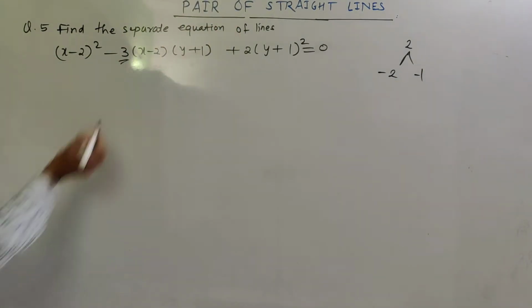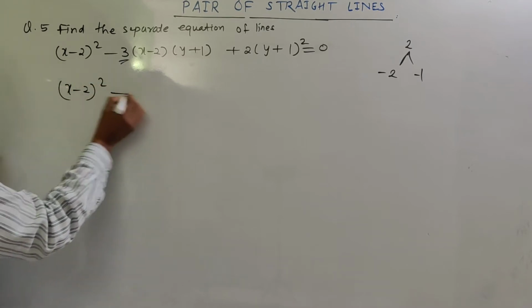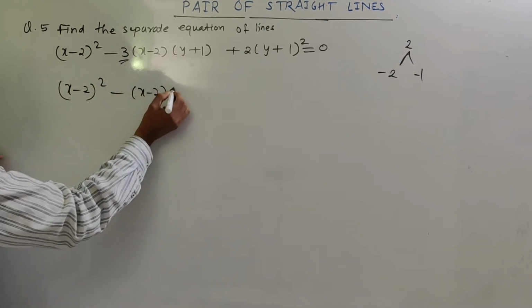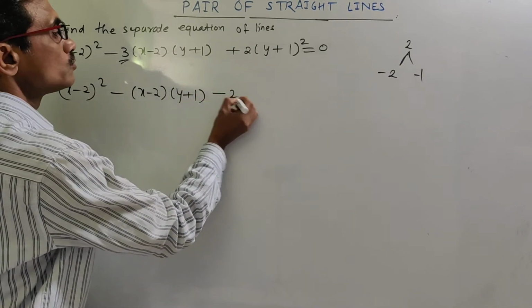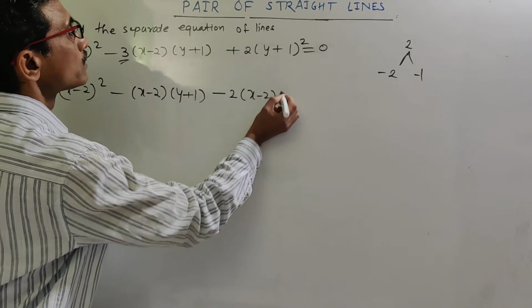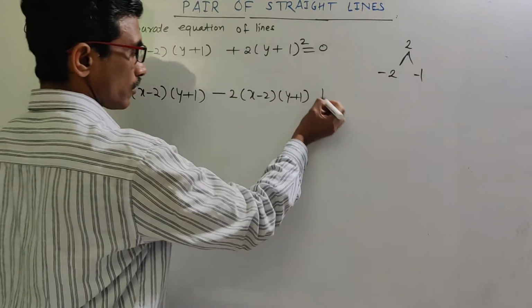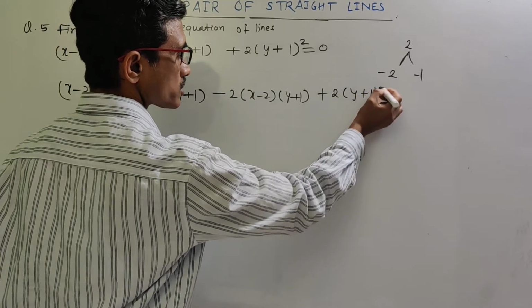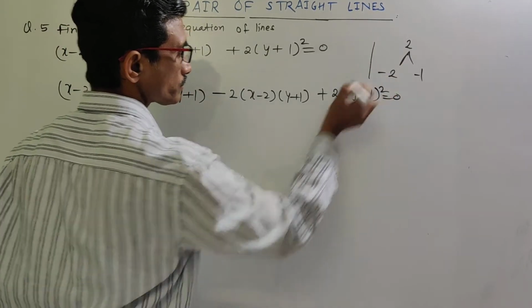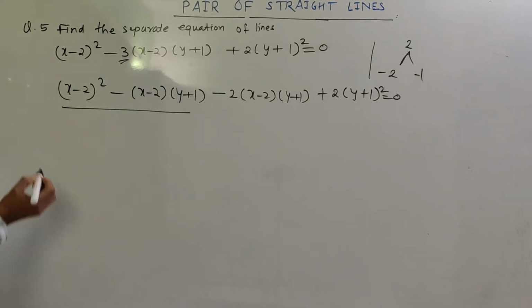So we split the middle term, that is x minus 2 square minus x minus 2 y plus 1. फिर वापस minus 2 times x minus 2 y plus 1 and plus 2 times of y plus 1 whole square is equal to 0. Then from these two terms we take x minus 2 common.